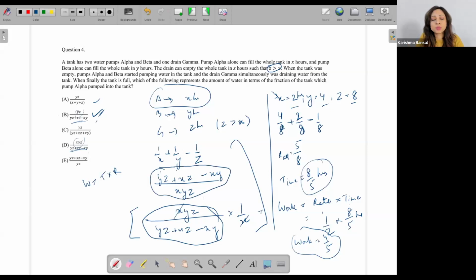So the time for which all three of them were working is this. So then alpha was also working for this time only, right? And beta was also working for this time span, whatever this time was, this 8 by 5 hours. So alpha worked for 8 by 5 hours, beta worked for 8 by 5 hours, and gamma worked for 8 by 5 hours. And how much work did alpha do in that time, in that 8 by 5 hours? Half into 8 by 5, because the rate of alpha is half. So that is why 1 by x into the time.